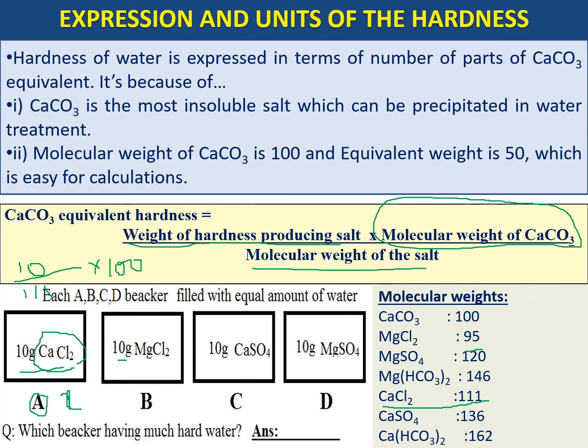The formula is weight of hardness producing salt by molecular weight of hardness producing salt into molecular weight of CaCO3. For calculations, if I ask a problem in the examination, you have to remember these molecular weights, because the hardness causing salts are only these six salts, along with the molecular weight of CaCO3.